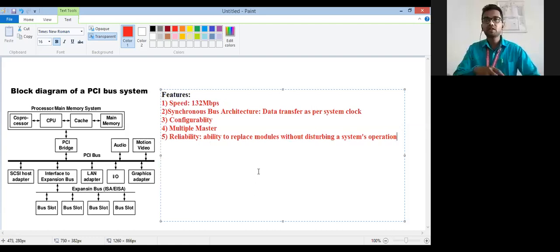It has the ability to replace modules. It is not necessary that the module is faulty. If you want a new mouse, a new keyboard, or a new monitor, the previous monitor can be replaced by the new monitor without affecting the system.